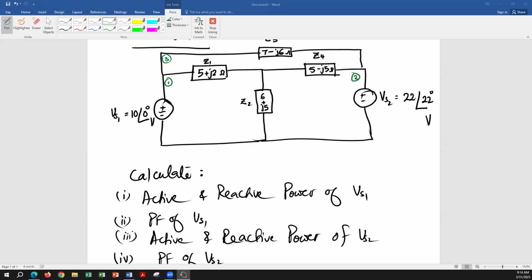Okay, so let me enter all of my numbers and then we are going to discuss the problem. So VS1 is 10 volt, VS2 is 22, and also I'm just going to convert that.